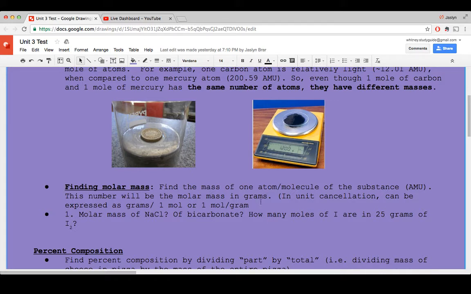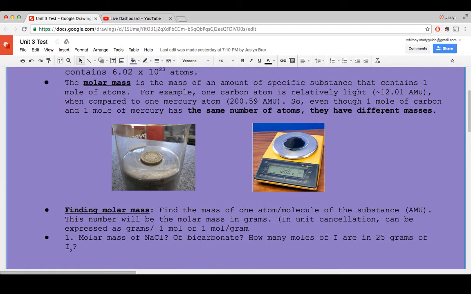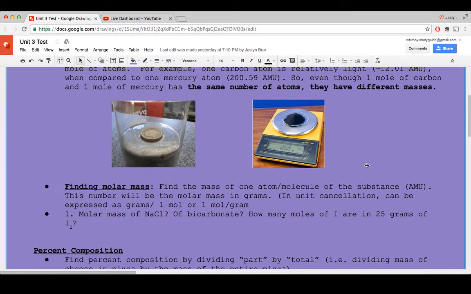All you have to do is find the mass of one atom or molecule of the substance, and this is in AMU. That's the unit. So for example, one atom, like we said here, of carbon is about 12 AMU, okay? And that value, or this number, will be the molar mass in grams.